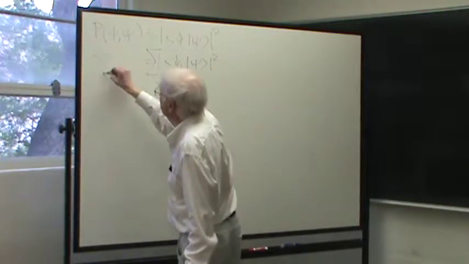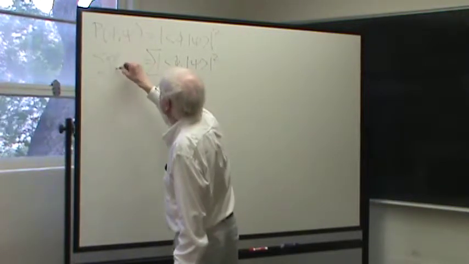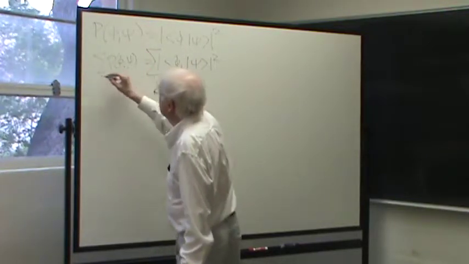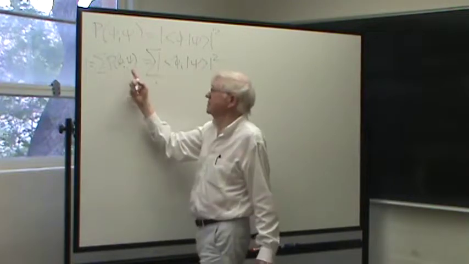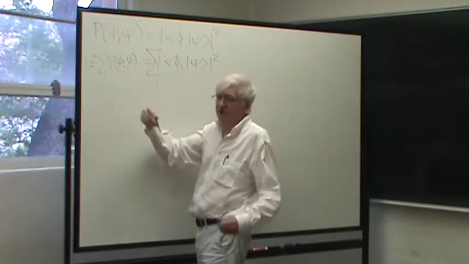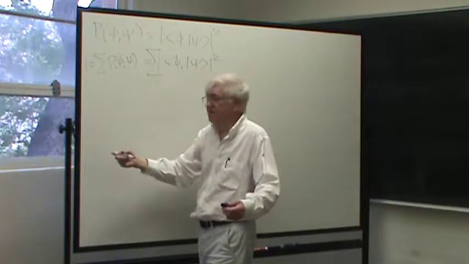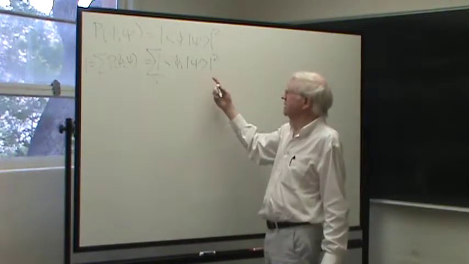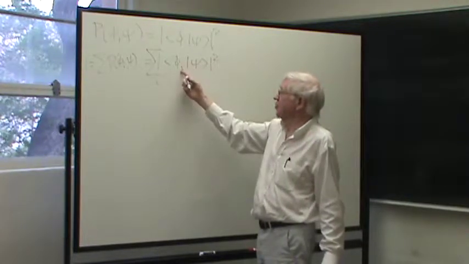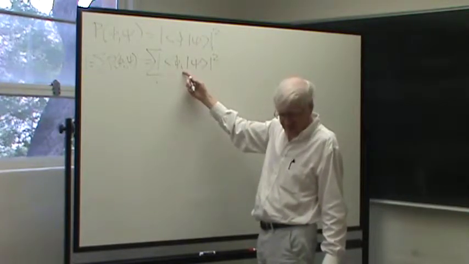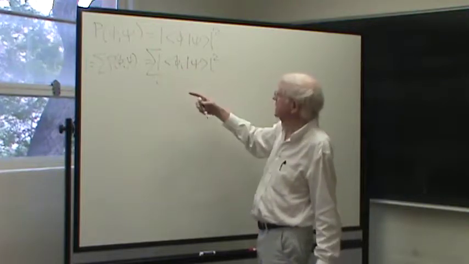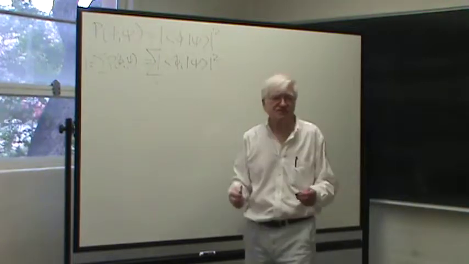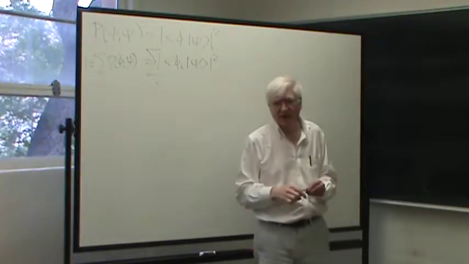So this sum of P of phi I psi should be 1 because the sum of it being in any of the complete orthonormal states should be 1. And you can arrange that if, of course, these are unit vectors, they're complete, and you can have the sum of the squares be 1, but it's not natural to have just the sum of the absolute values be 1.